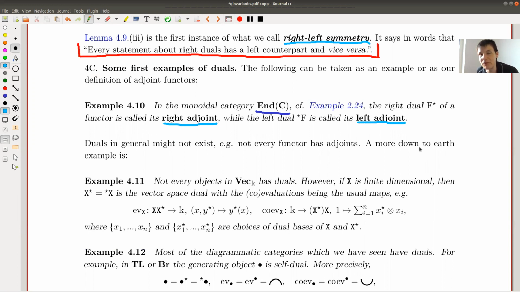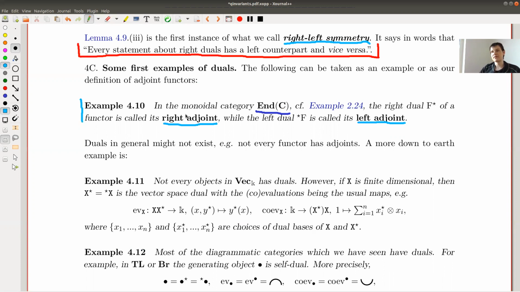So if you don't know what right adjoint and left adjoint functors are, then they are the definitions from above, left dual and right dual, in this category of endofunctors of C. So the above is basically a new interpretation of adjoint functors.